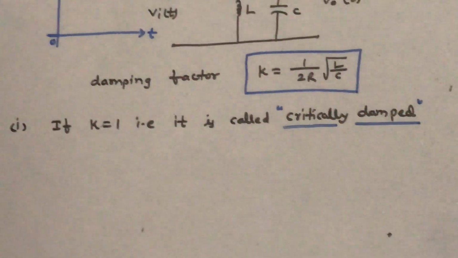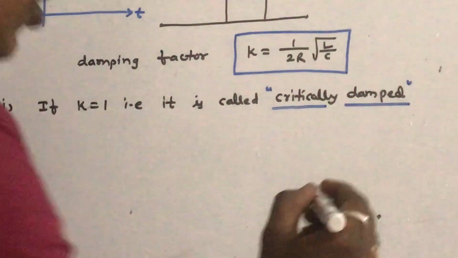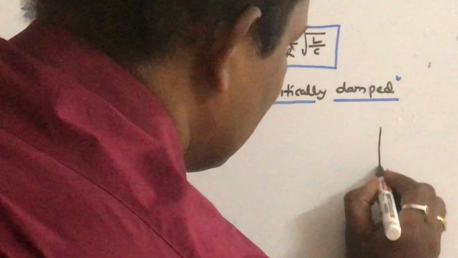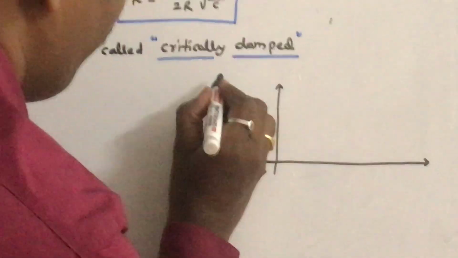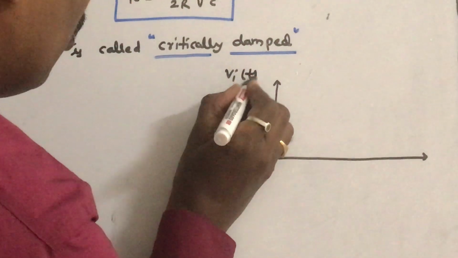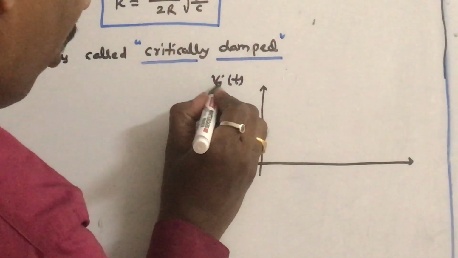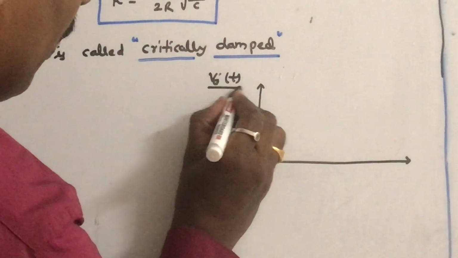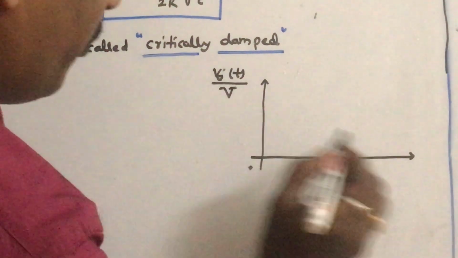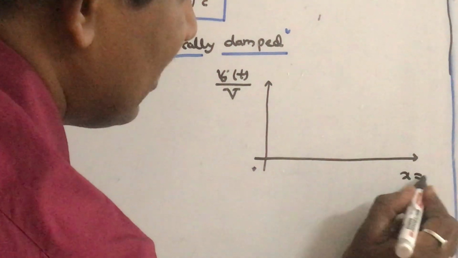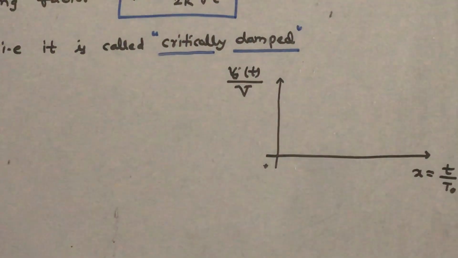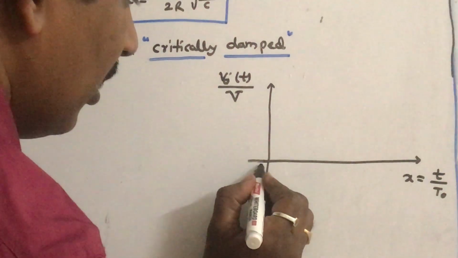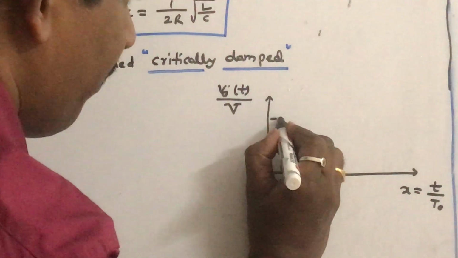In this condition, let us see what the output will be. Let us draw the input and output. This is V0 of t, in fact V0 of t by V, the step amplitude. Let us call this axis x, that is t by t naught. T naught is the natural time period, which I have explained in the derivation. This is your step input.